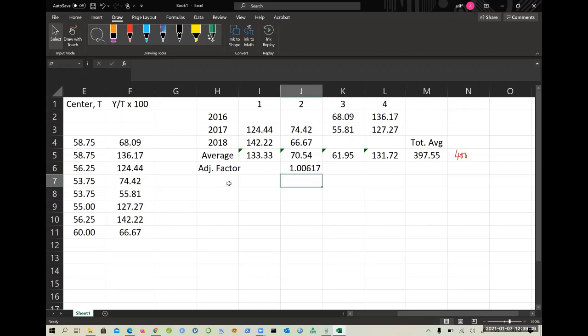So the next thing is to calculate the seasonal index. Okay, you punya seasonal index is simply multiply the average with the adjustment factors. So what you need to do is just take the average, this one, and then you multiply with the adjustment factors.